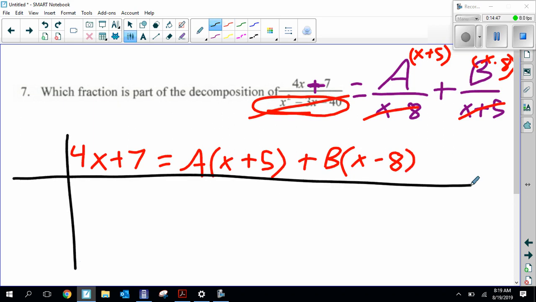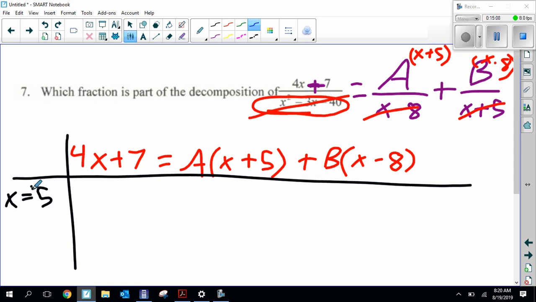And then the trick to solving these out is we're going to be clever. We're going to pick an x value to plug in that's going to cancel out either a or b. So if we cancel out the a, the x value that we would choose would be negative 5. x equals negative 5.